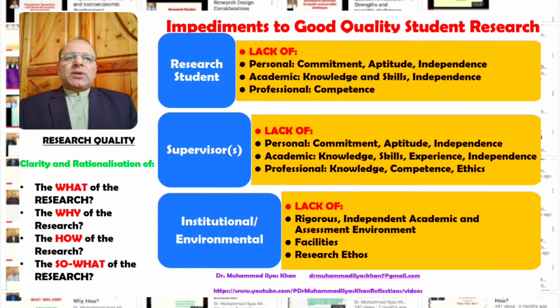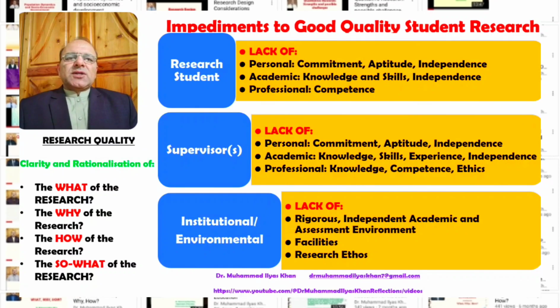So in summary, we can see that although the role of the student is the main role in terms of conducting and producing good quality research, the issue is more complex than that, and there are several factors that ultimately lead to a compromise on the quality of the student research.